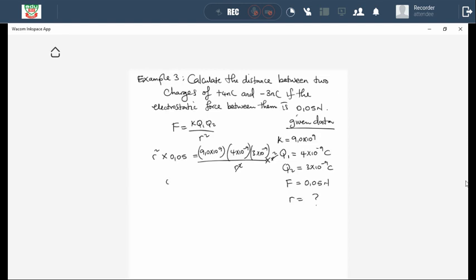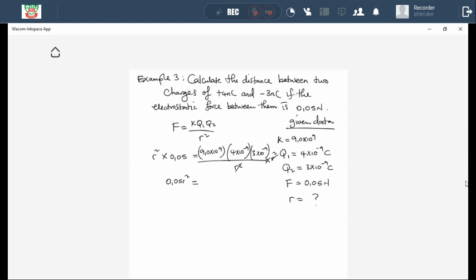So I'm going to have 0.05 r squared, which is equal to, now I simplify that whole thing that is on top, which is 9.0 times 10 to the power 9, I close, sorry for that. And then I open again, 4 times 10 to the power negative 9.